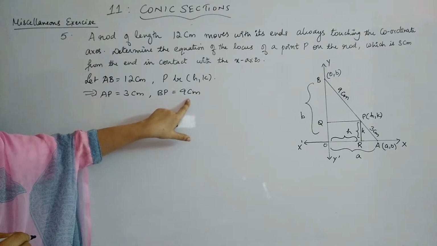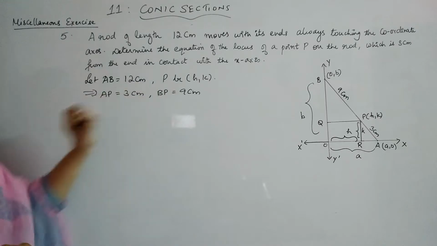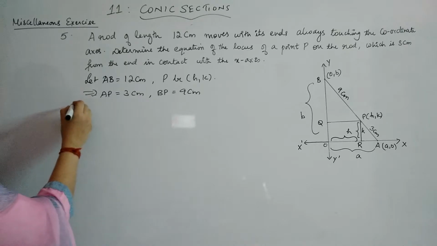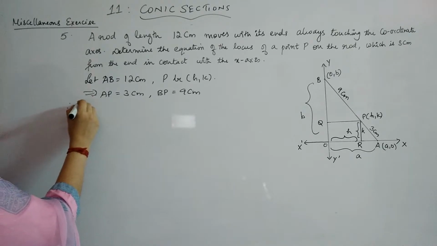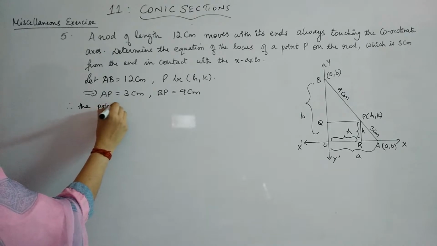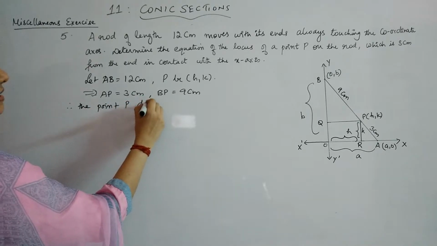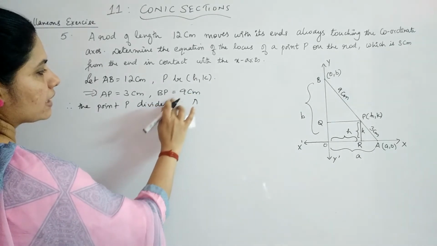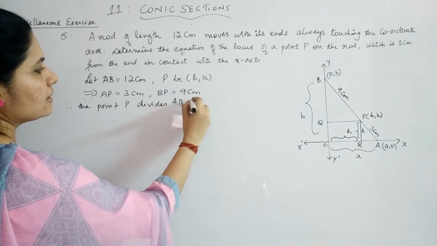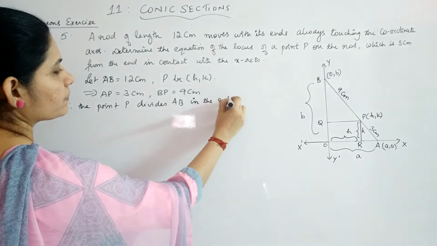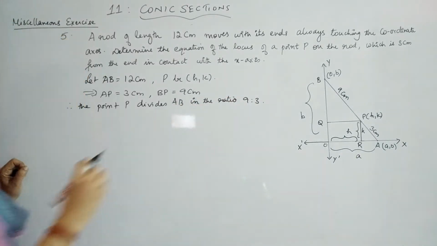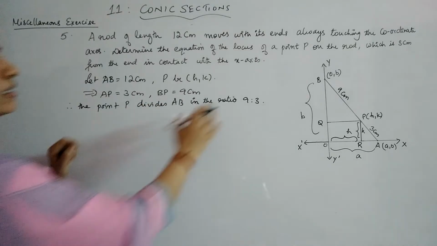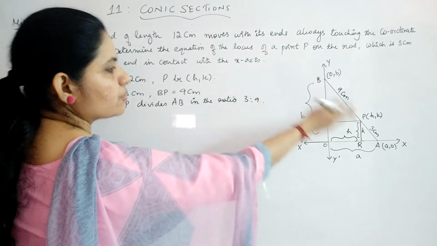So you can say that line AB is divided in the ratio 9:3 by the point P. Therefore, point P divides the line segment AB in the ratio 9:3. Since we have taken AB, we could write 3:9, and if it is BA, you can write 9:3.